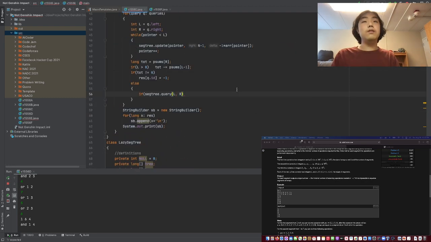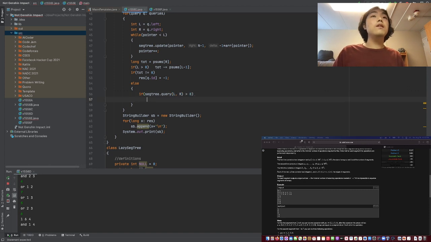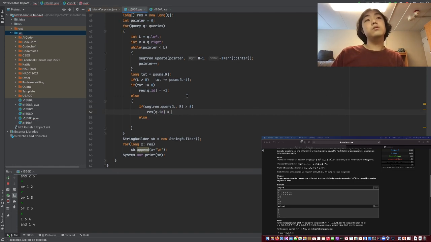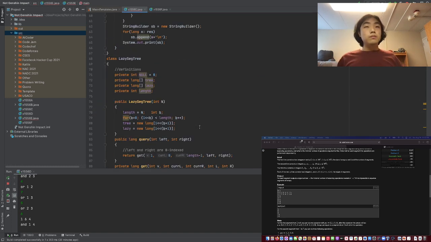If seg tree.query L to R is greater than 0, then it's impossible. Otherwise, res at q and I is equal to, like this.